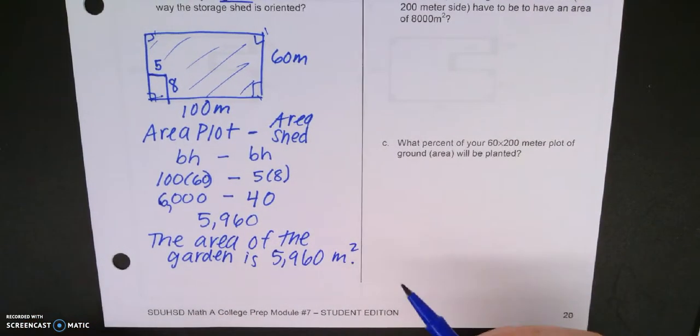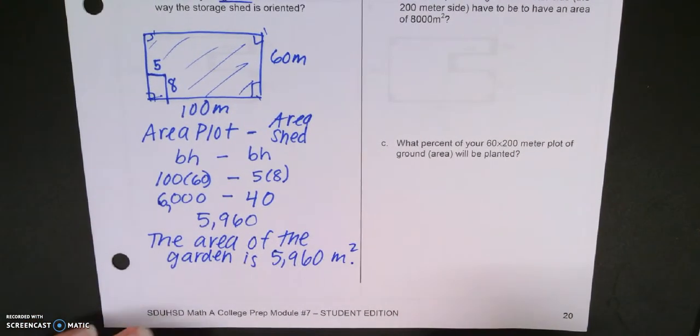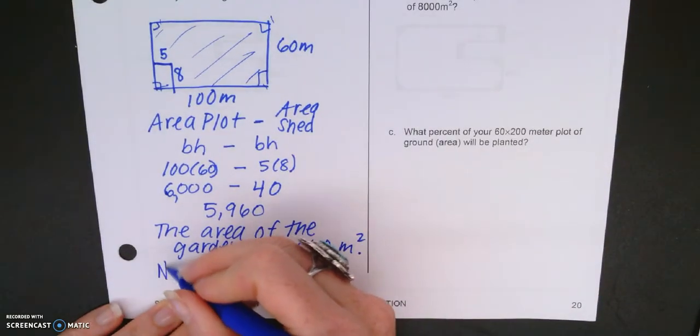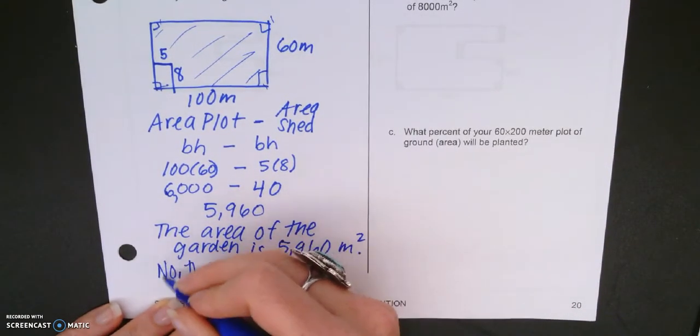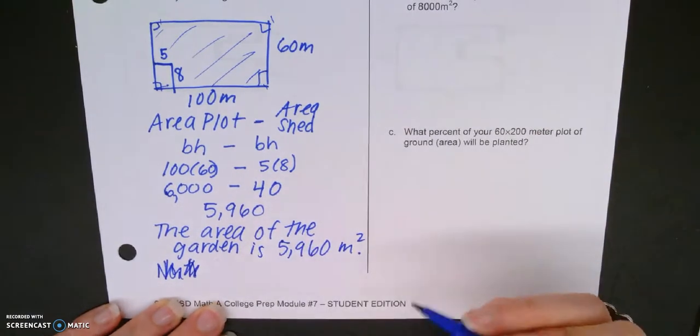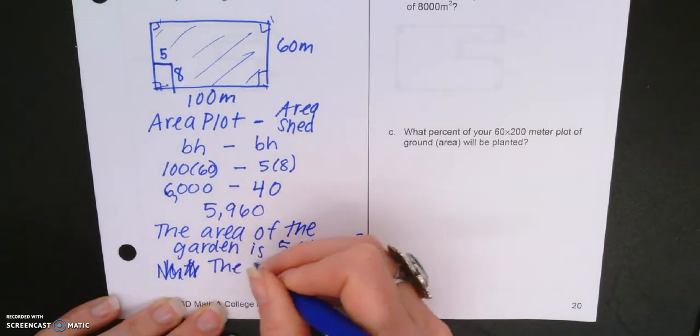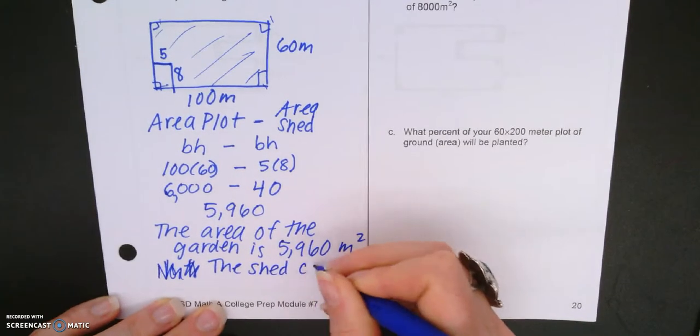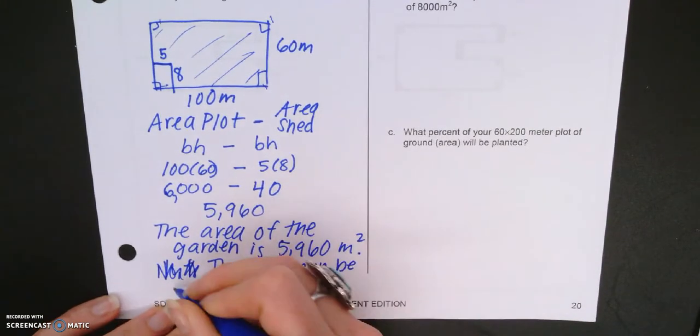And the second part says, does it matter which way the storage shed is oriented? No. Let's think, how could I start this? The shed can be put in any corner.